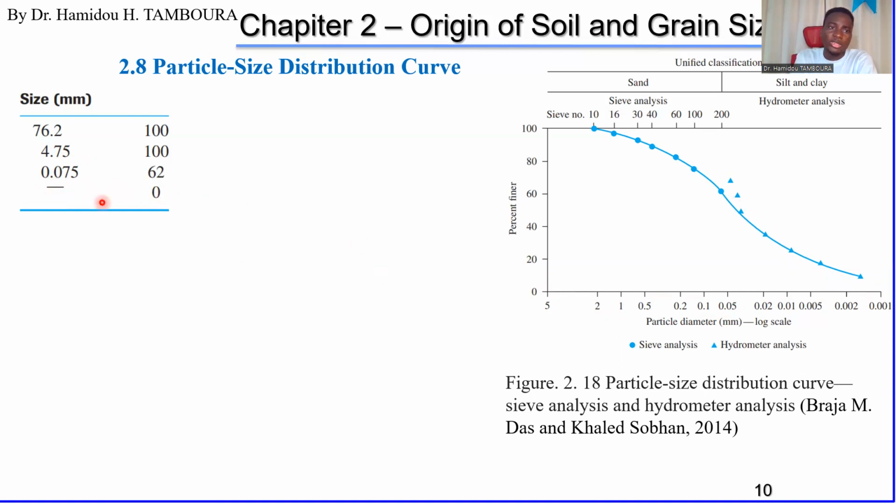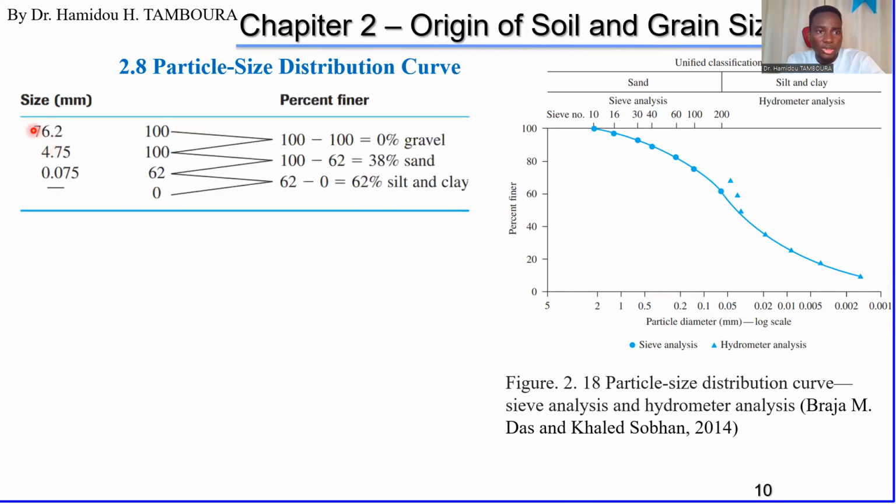Then from this, how can we obtain the percentage of gravel, sand, and fines? Gravel is between this size and this size, so we do this minus this. 100 minus 100 gives us 0%.